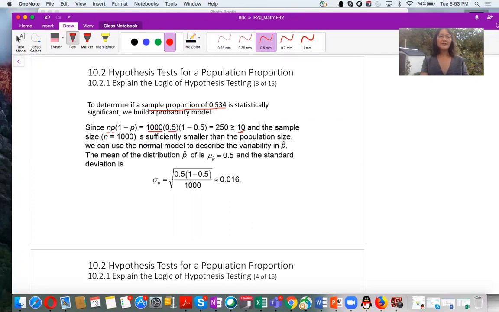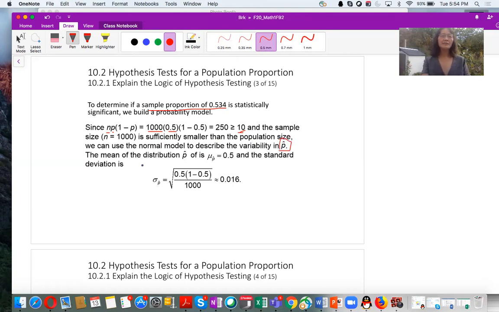The sample size is sufficiently smaller than the population size, so we can use a normal model to describe the variability in the sample proportion. P-hat is the sample proportion.